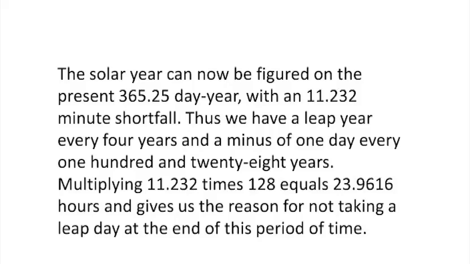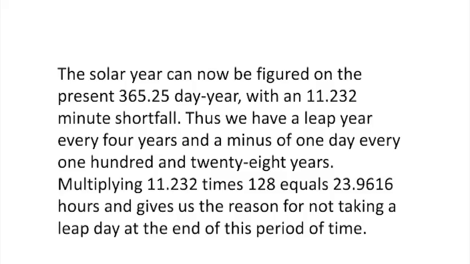Now, let's kind of review what we've gone through so you understand this. The solar year can now be figured on the present 365 and a quarter days with this 11.232 minute shortfall. Thus, we have a leap year every 4 years. Well, we got that.